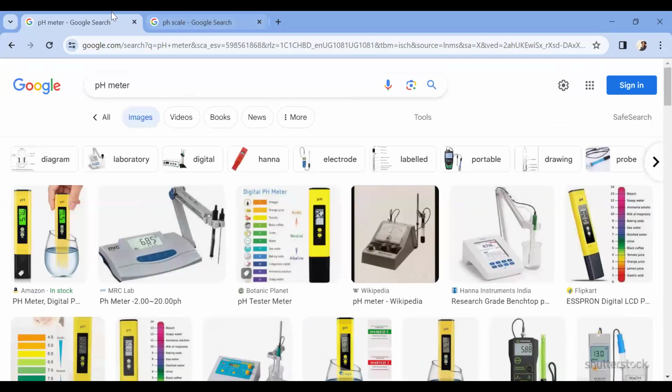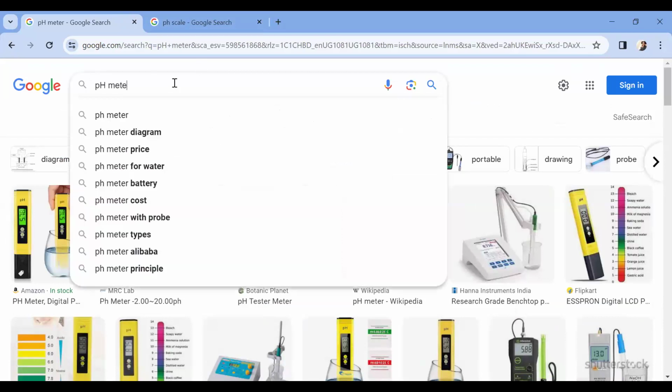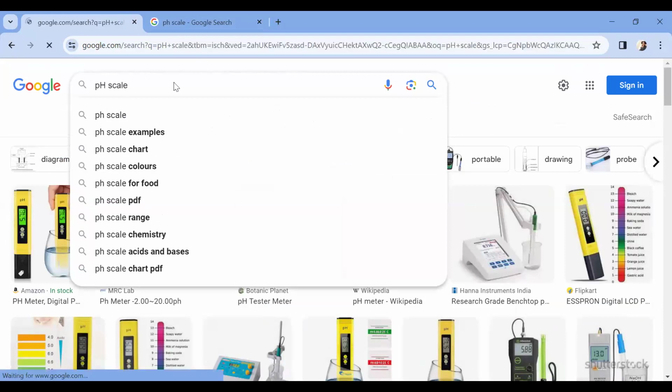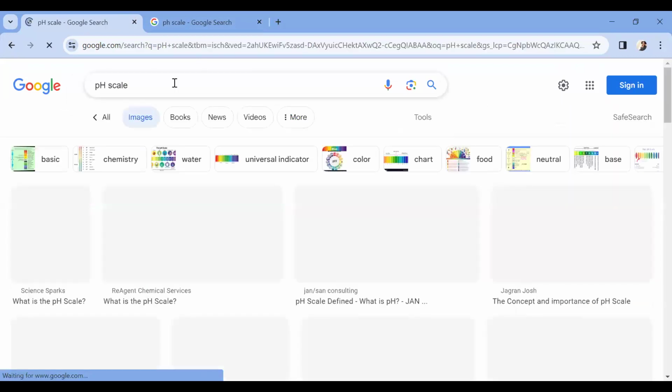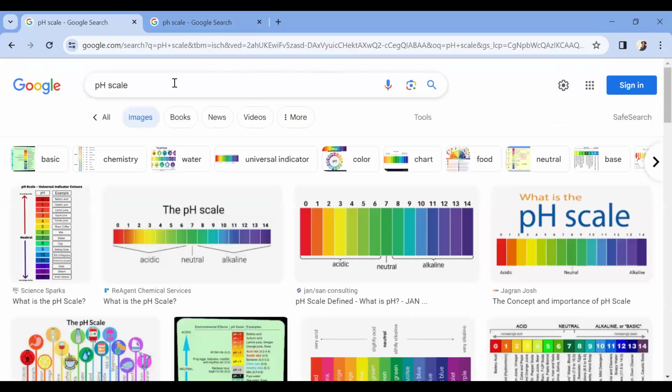Then I had also talked about the pH scale, which I want us to look at. And please screenshot this pH scale or note down, because I'm going to ask you for the different colors and what pH that is. For example, this one is really coming out very well and it's showing us those different colors.